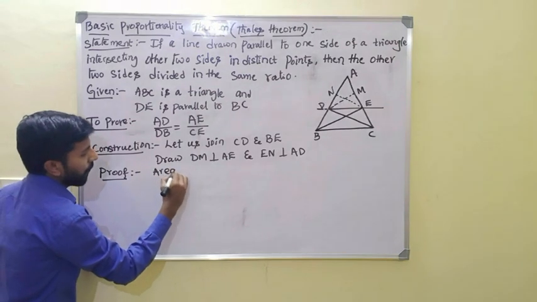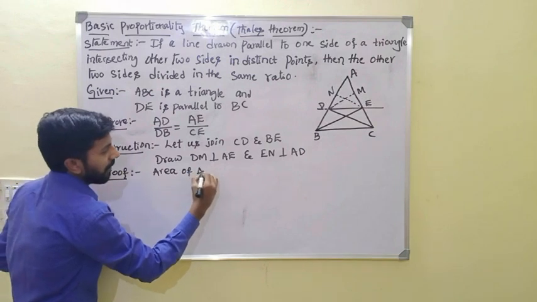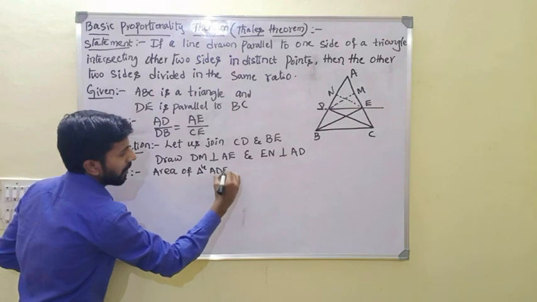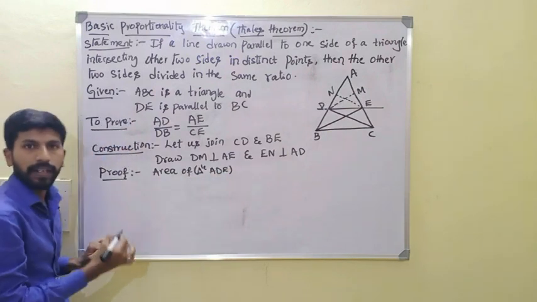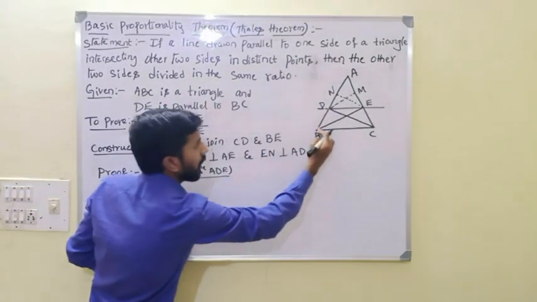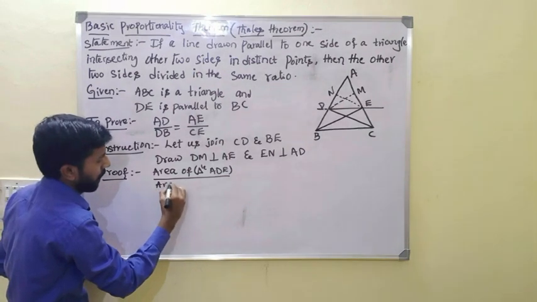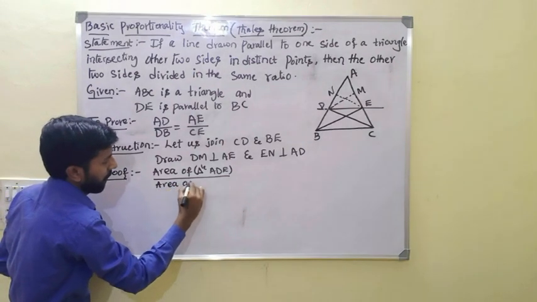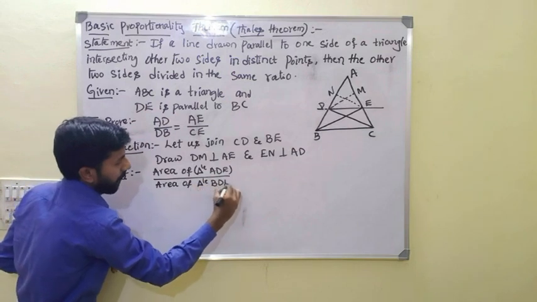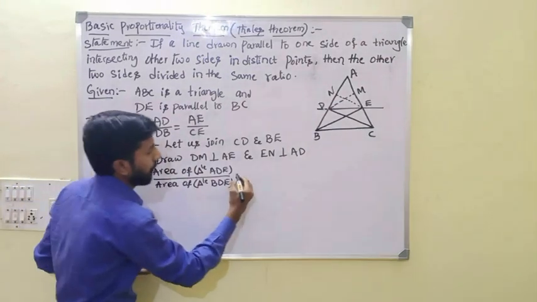Area of triangle ADE divided by area of triangle BDE.